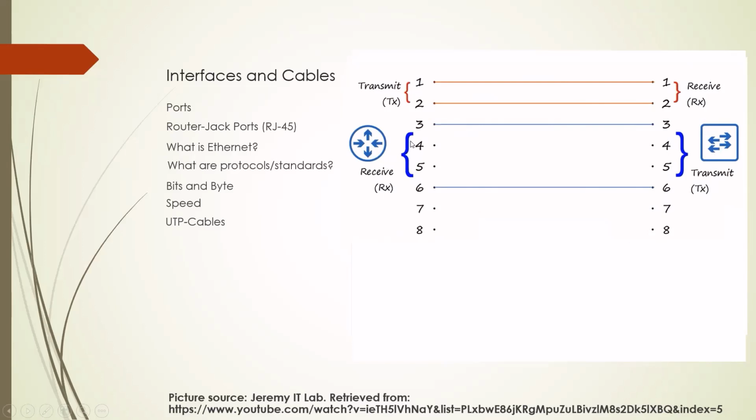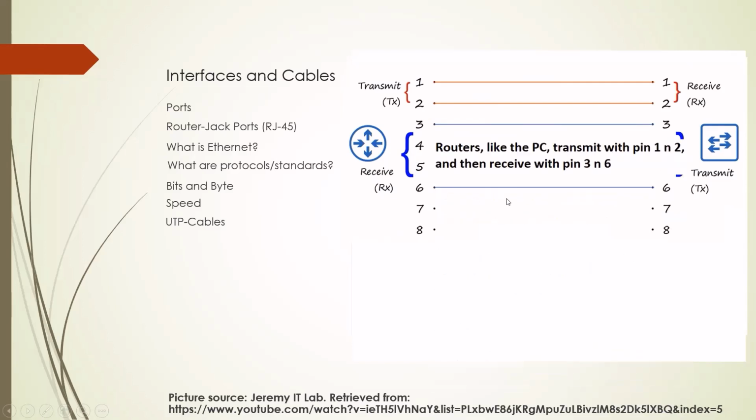While in the router, pin 3 and 6 is meant for receive, and for the switch it still remains for transmit. So this shows that for a router and a PC, both have the same pinouts at the same end to achieve full duplex. And this kind of cable is referred to as the straight-through cable.